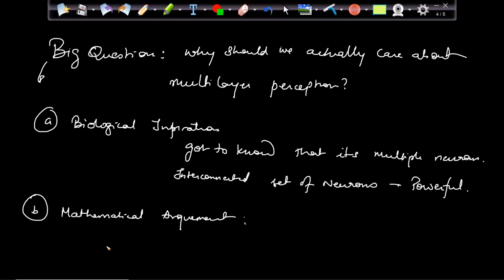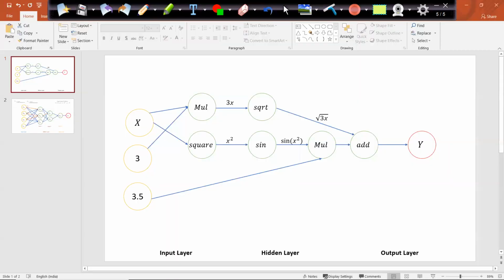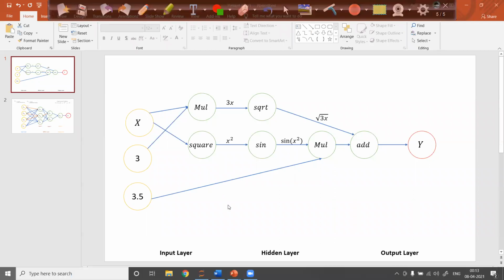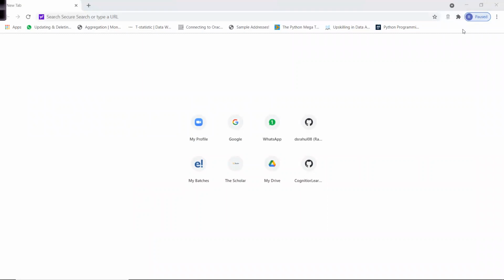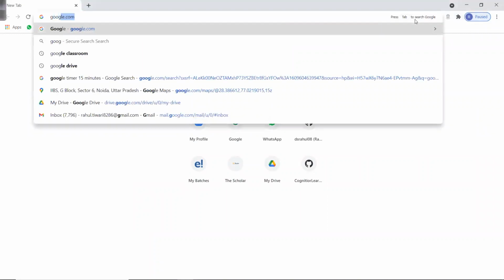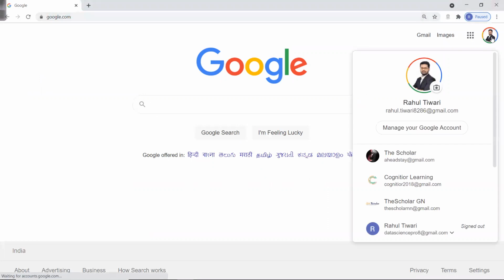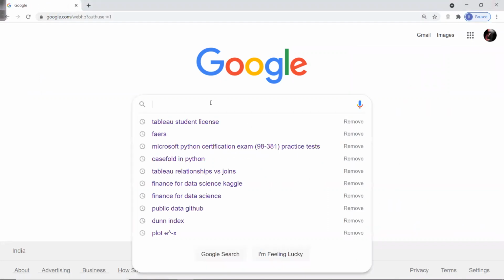Let's say my equation is 3.5 into sine of x square plus square root of 3x. This is my complex equation. Let's go ahead and plot this in Google and try to understand how this is going to work.